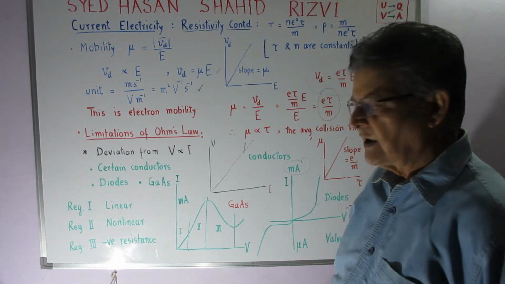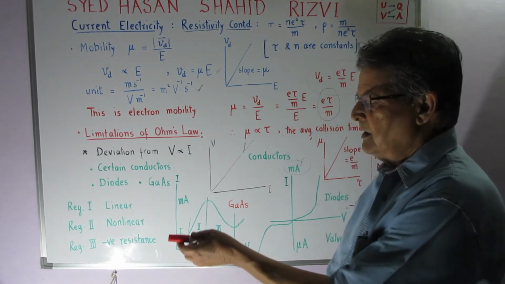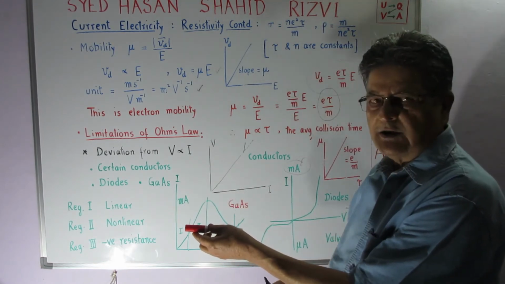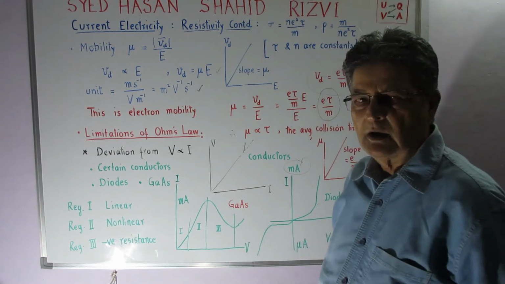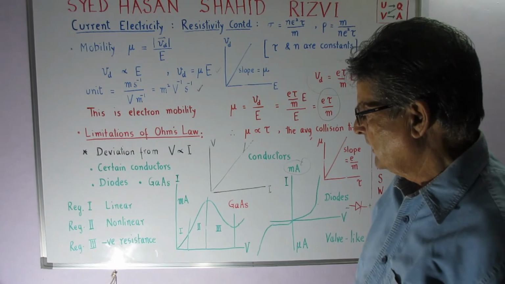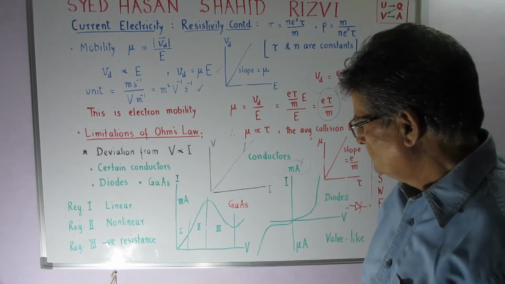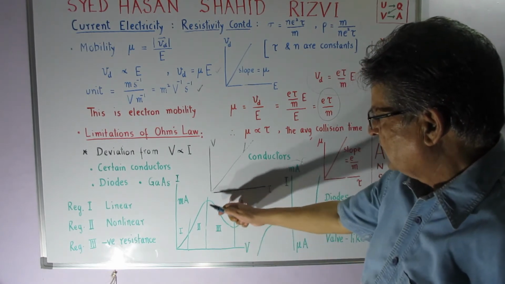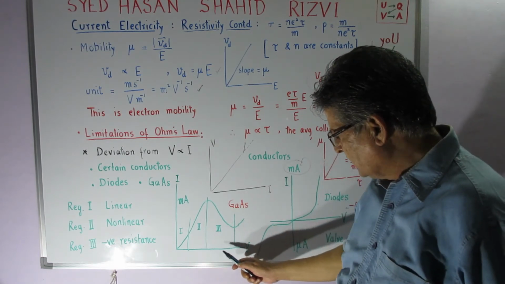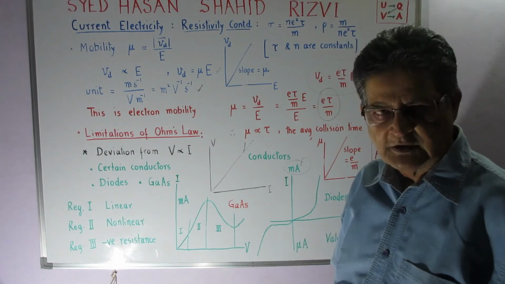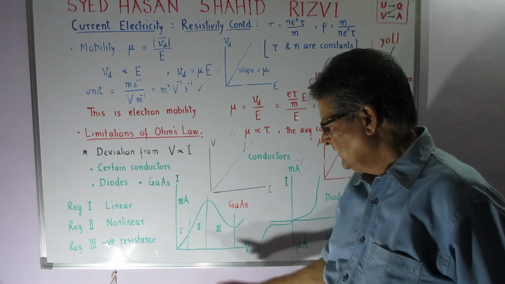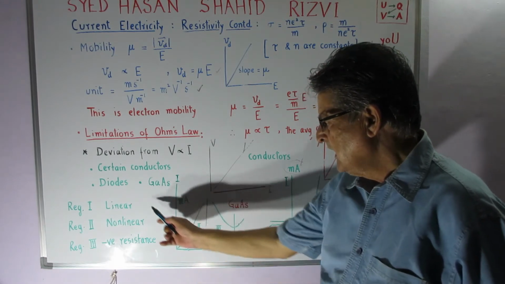All of them are studied by the same technique: making a block, making a connection with metal on both sides, then passing the current and measuring the potential difference, and passing the potential and measuring the current. Now, here is a very interesting thing. As I increase the potential difference, initially we have a linear behavior.